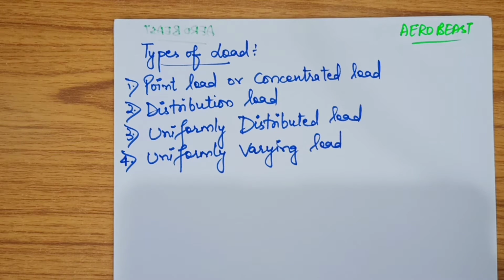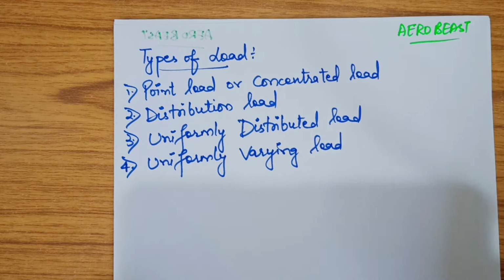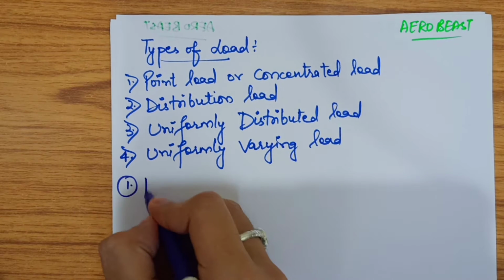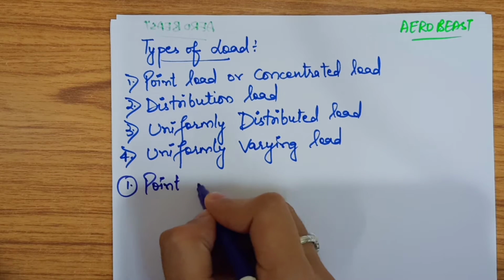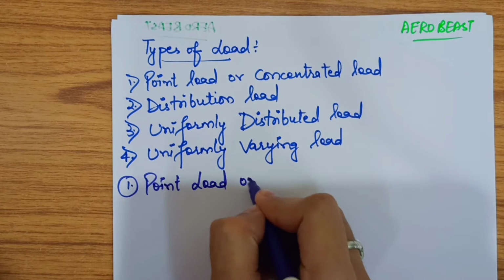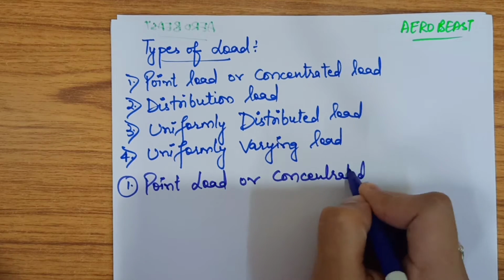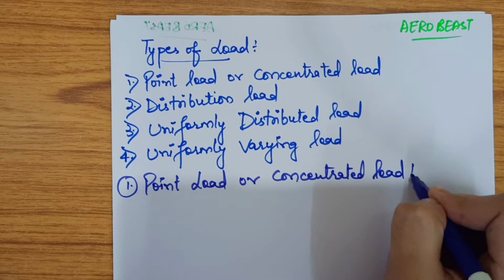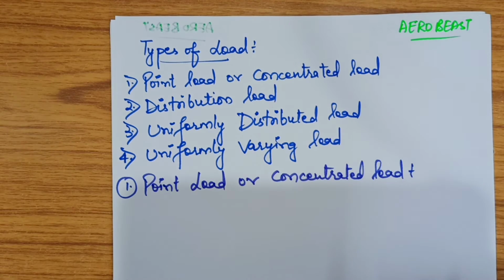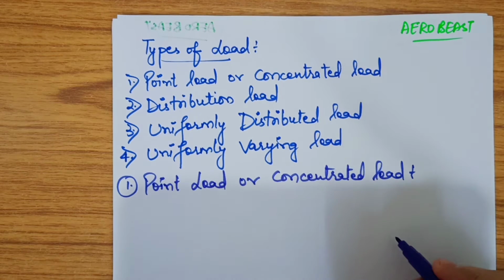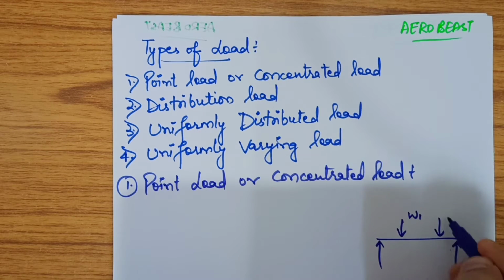So going with the first point, that is point load or concentrated load. When the loads are concentrated at some points on the beam, like this, this is the reaction and we are applying a W1 load and a W2 load.